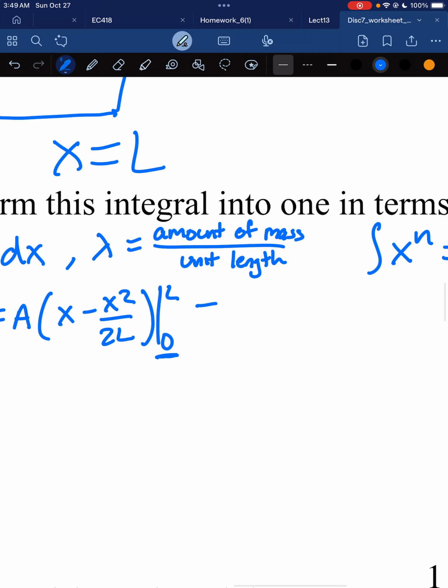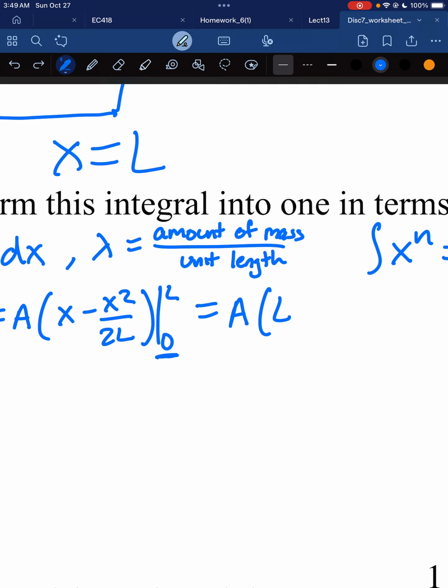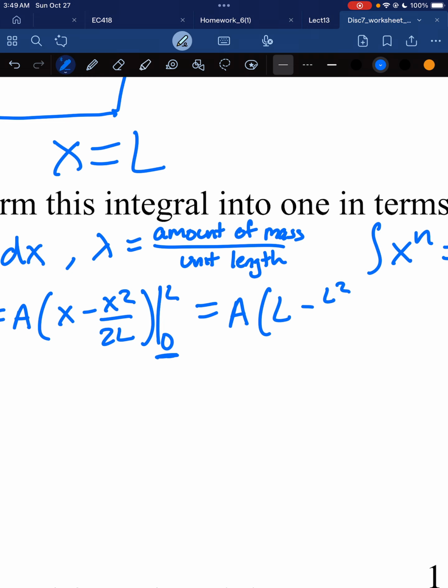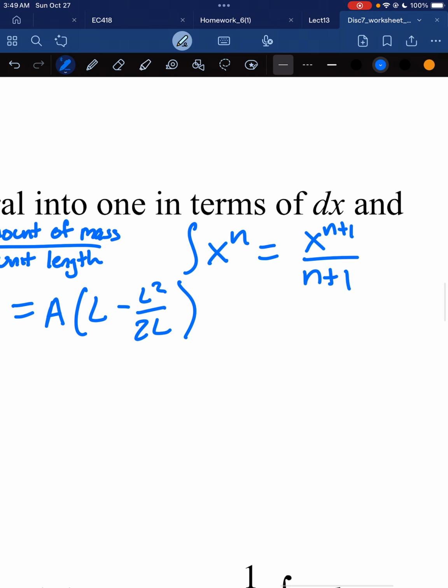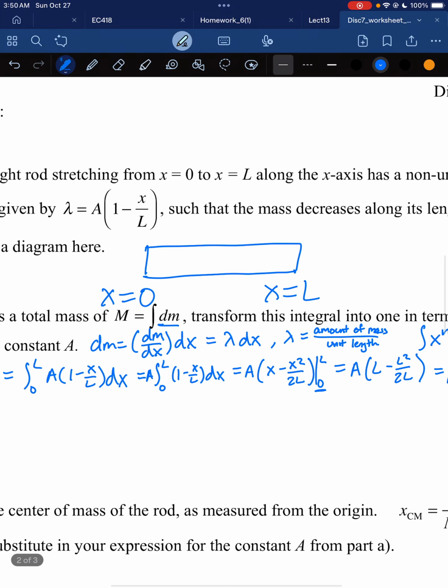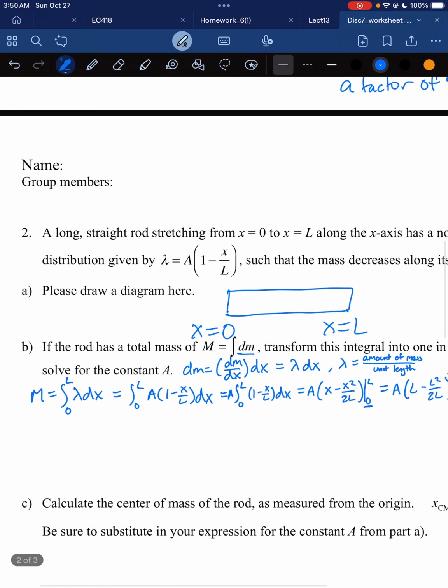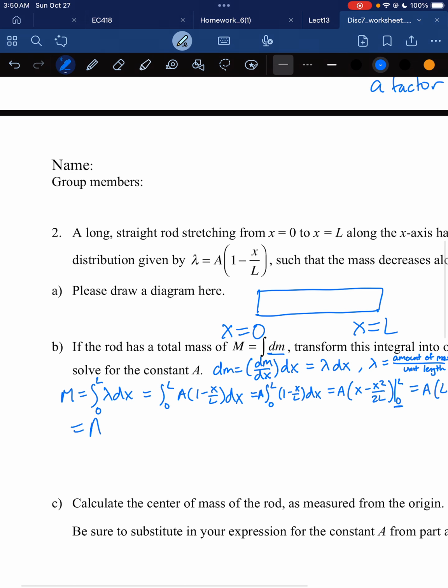And then I'm going to get a times L minus L squared over 2L. And now these L's are going to cancel out, and I can write that as a times L minus L over 2, which further simplifies to just a times L over 2.